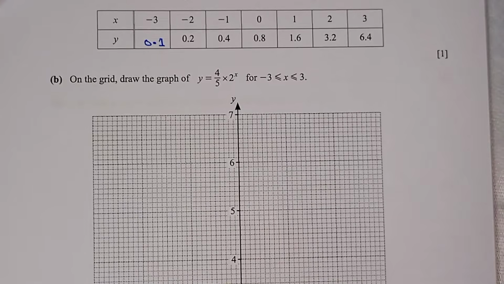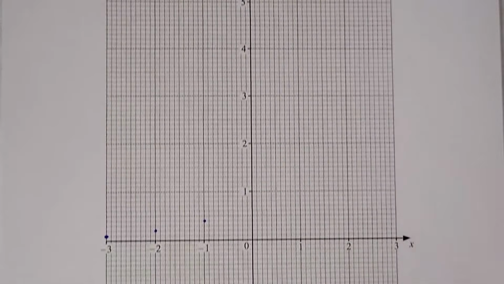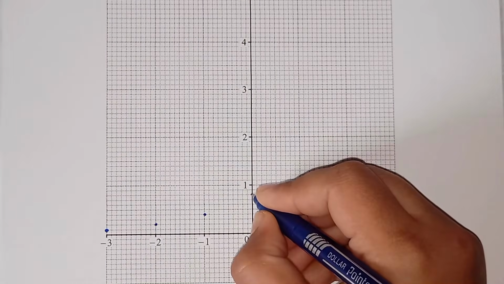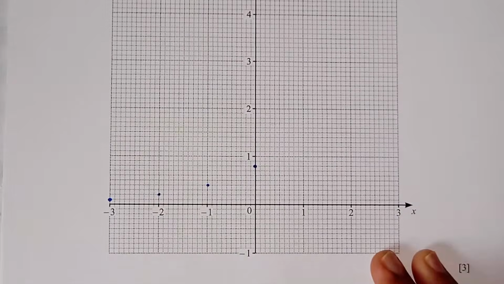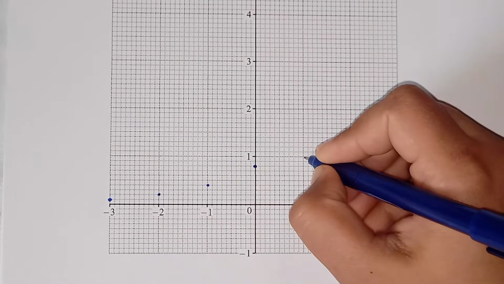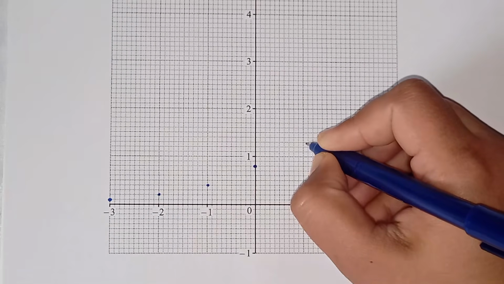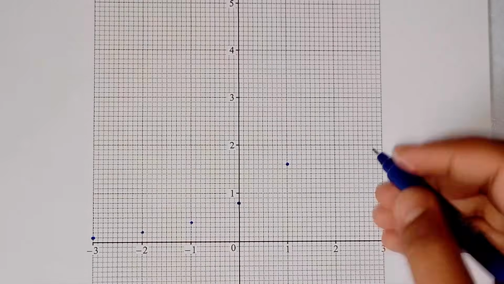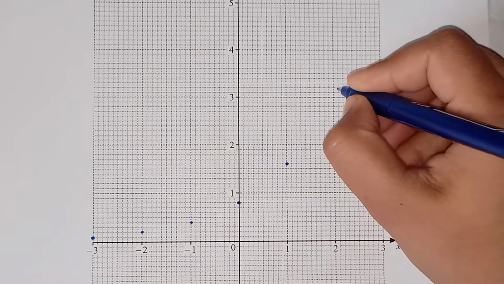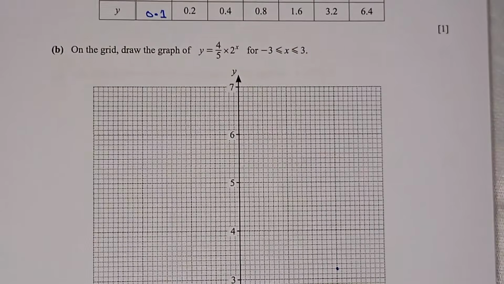For the next point, for 0, it would be 0.8. For 1, it is 1.6, this point. For 2, it is 3.2. And the last, when x is 3, the y is 6.4.